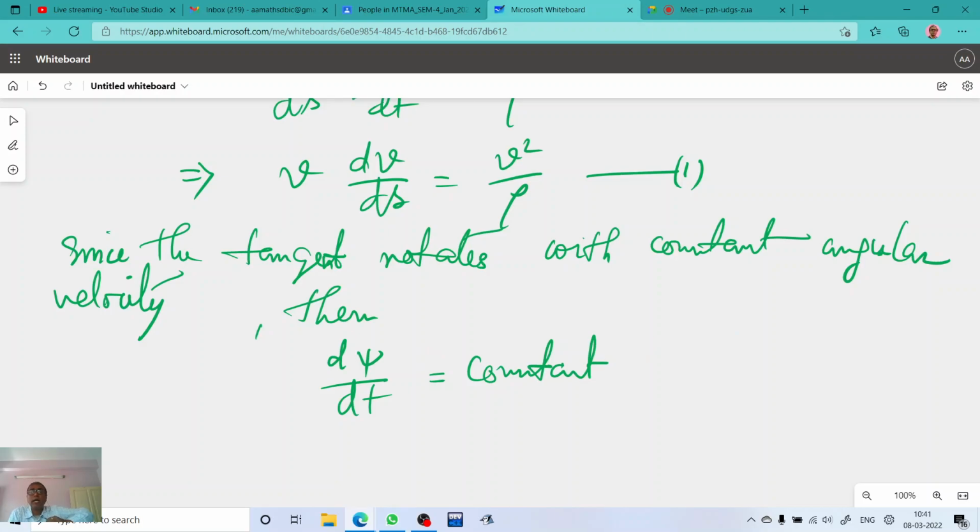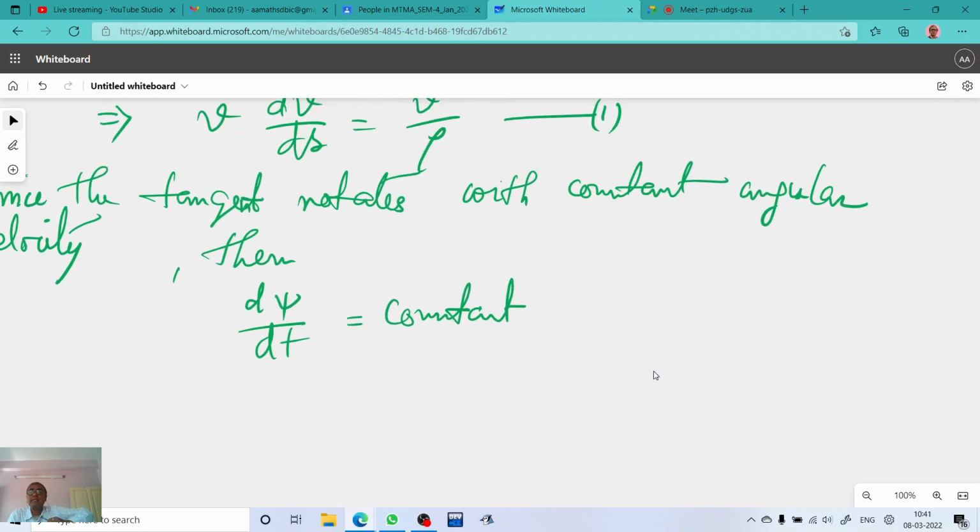So we know, suppose this is the curve and this is the x-axis, and this is the tangent, this is the point P on the curve, and this is the angle psi.